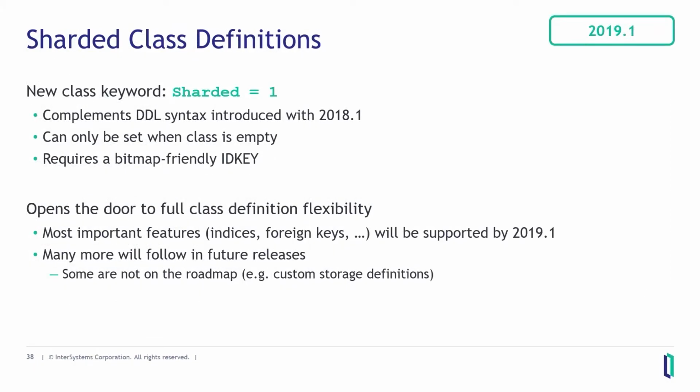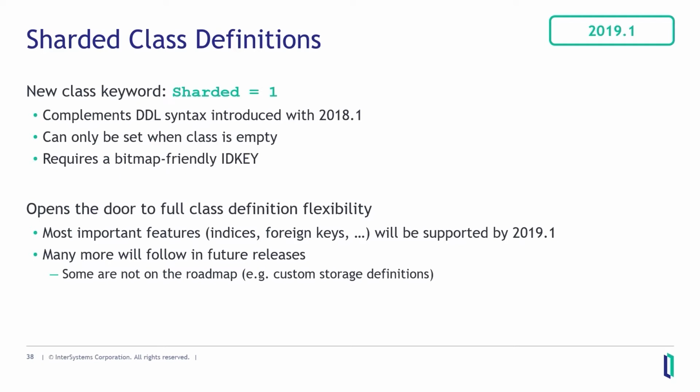Another very important feature that we're going to introduce and show is sharded class definitions. In 18.1, in our engineering release, we supported creating sharded tables through DDL, data definition language, from a SQL prompt or SQL application. That was because the scenarios that we targeted in that initial release were fully SQL-based, so that makes a lot of sense.